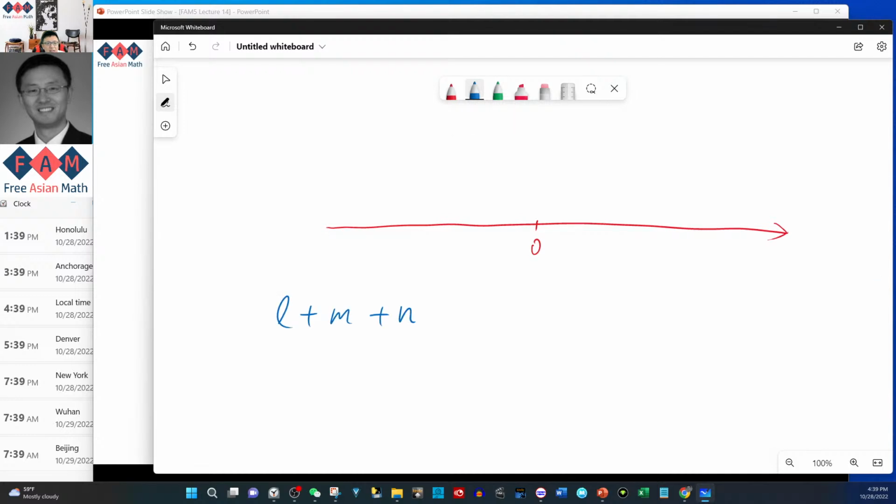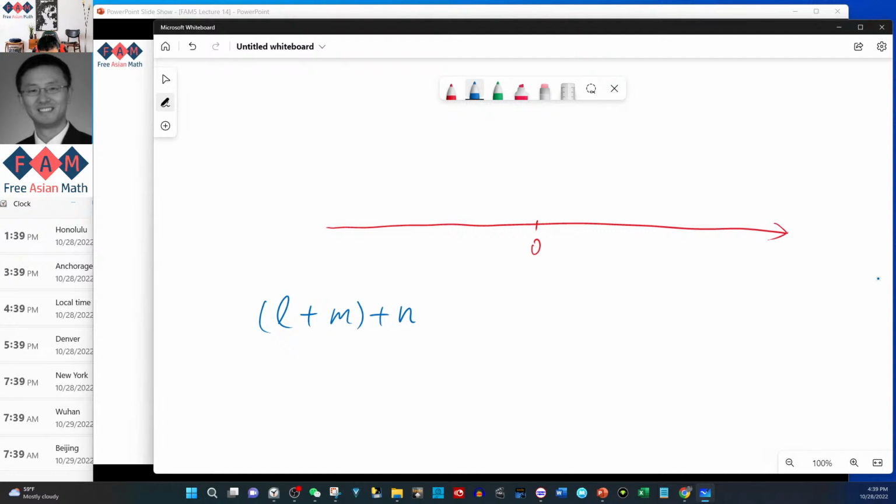Without any parentheses. That's the natural order you will follow. But to emphasize the order, we put a parenthesis between the first two, and this one is not really necessary because the natural order of operations from left to right is the default.